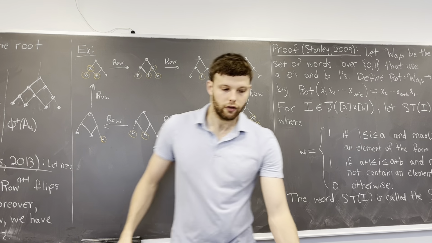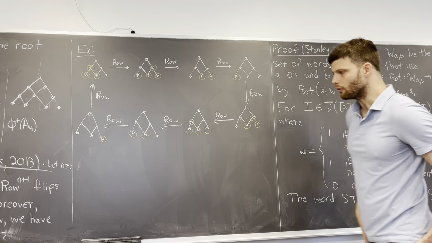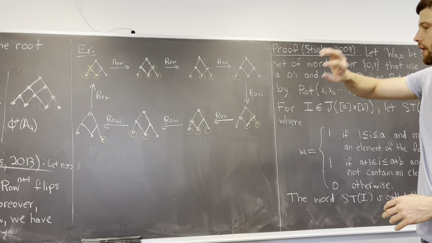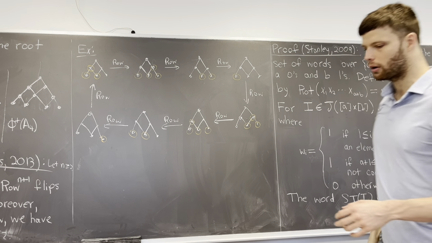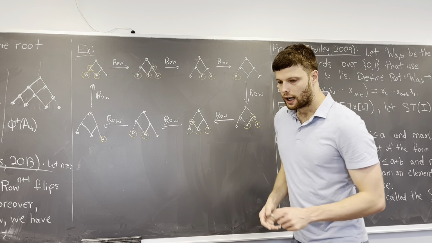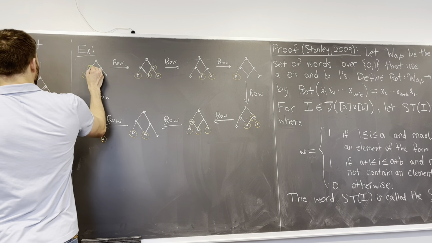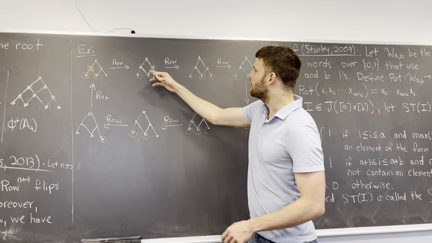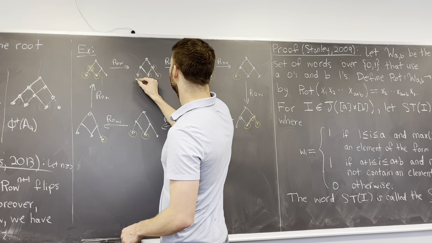And so now I want to look at this last part of the theorem, which says that if I take the average of the number of maximal elements along this orbit, I should be getting n over 2. So here, the number of maximal elements is 1. So I'll write a 1 there. Here, the number of maximal elements is 2.